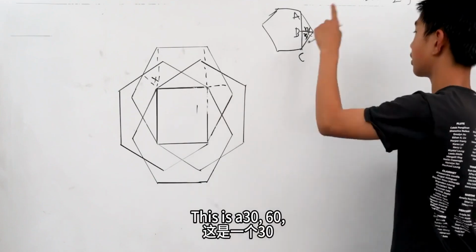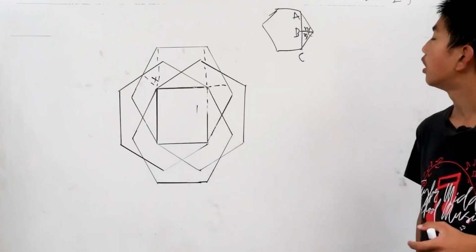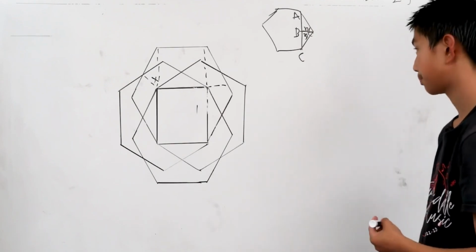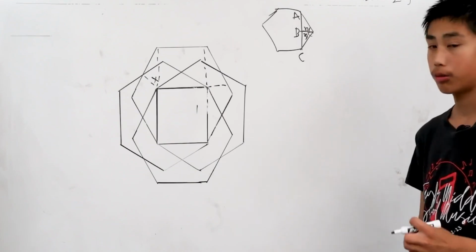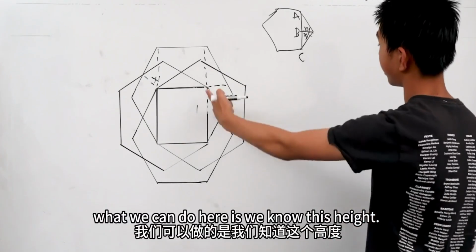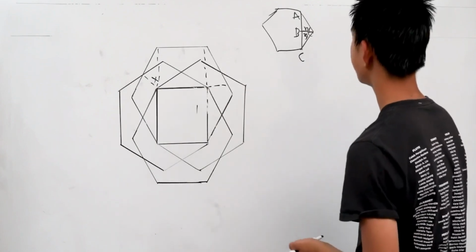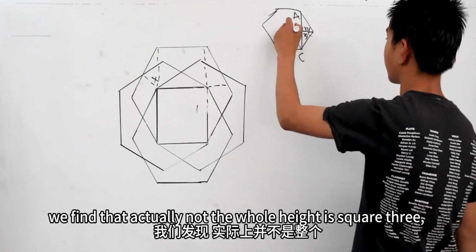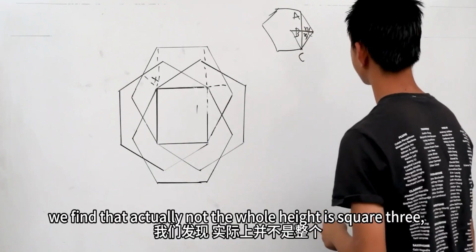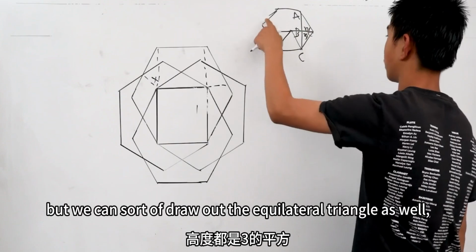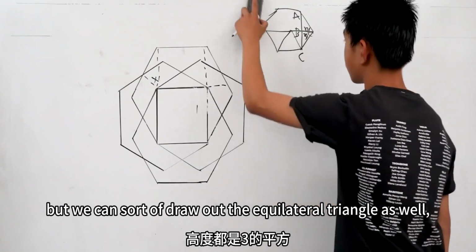So this is a 30, 60, 90 triangle, because this is clearly a right angle. So now we can find this height. Actually, not the whole height is square root 3, but we can draw out the equilateral triangle as well.